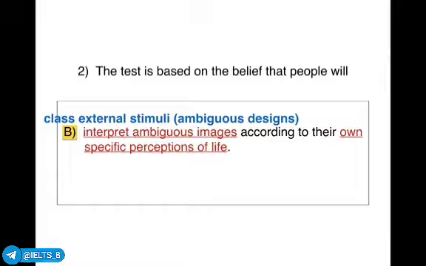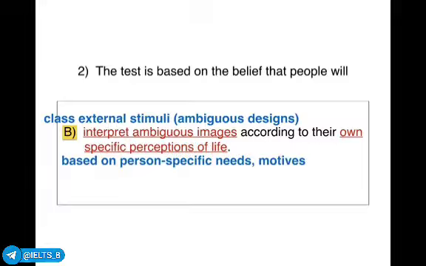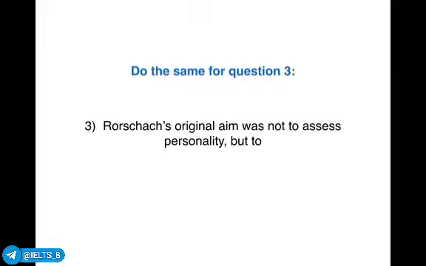And, according to their own specific perceptions of life, is based on person-specific needs, motives, I think it said, and conflicts. So that's definitely the person-specific perceptions of life. Definitely the answer B.